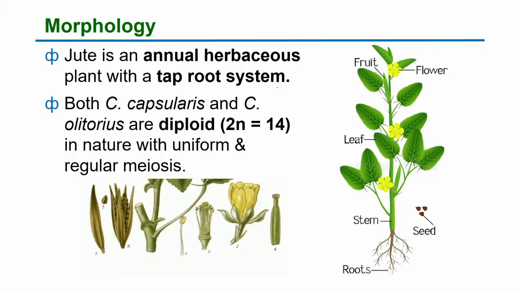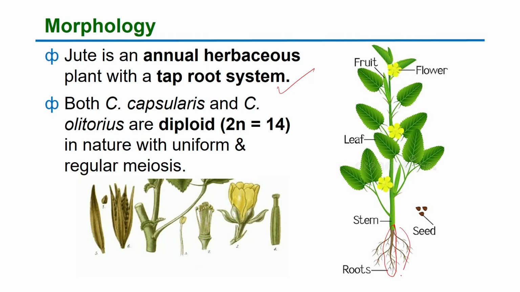Now let us check the morphology of the jute plant. As you know, jute is an annual herbaceous plant with a taproot system. In the taproot system you get one major root which goes very deep, and there are some side or lateral roots.